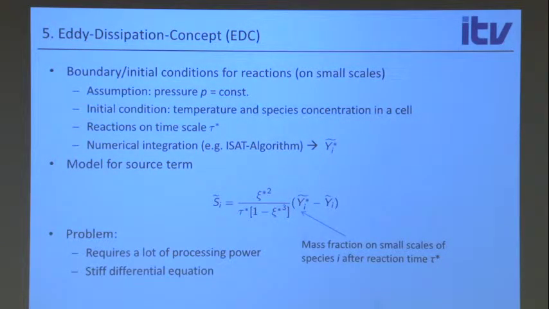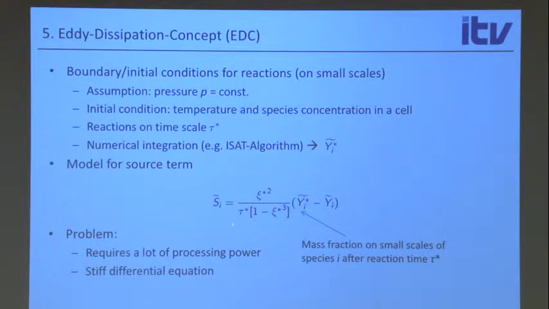But I don't use this directly, because I guess the assumption is that maybe not everything was mixed during that time in that cell. And so I use this new value just to do a relaxation. So I have the chemical source term, which is Y star minus my present value, divided by a time scale.